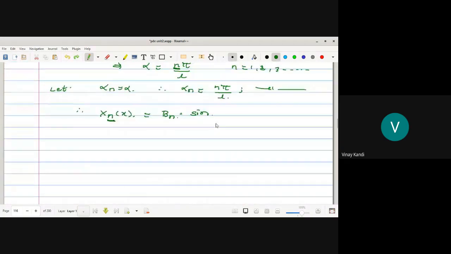So write down X of x, that is X n of x is equal to B n sin of n pi upon l into x. Okay, so this is the X n of x where n running from 1, 2 up to so on.